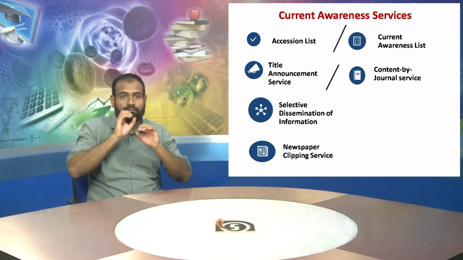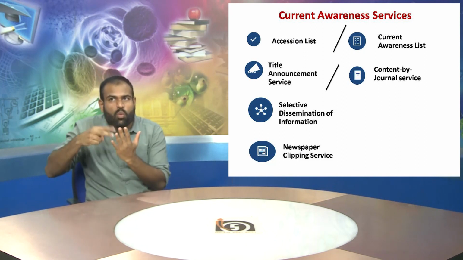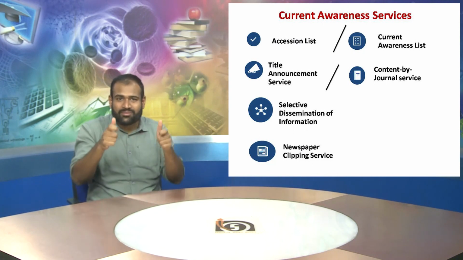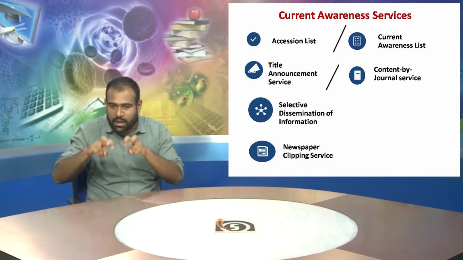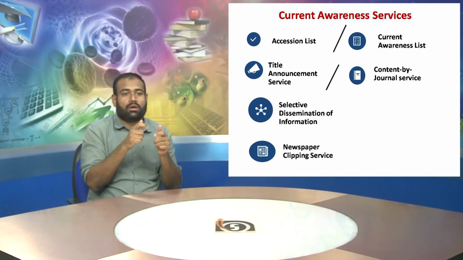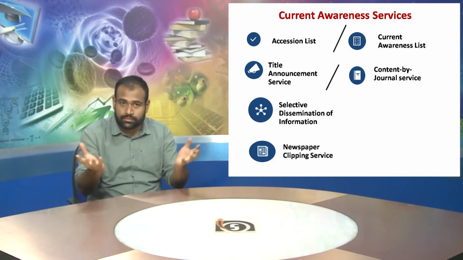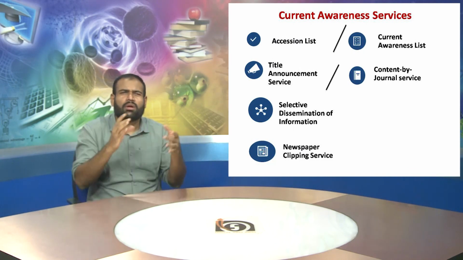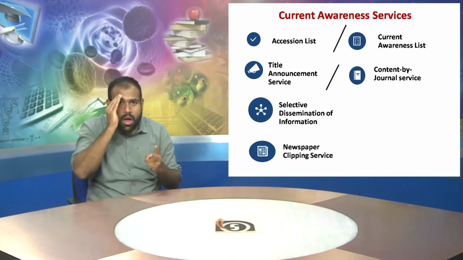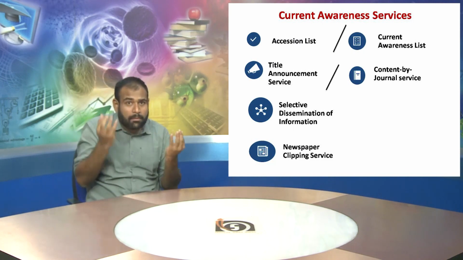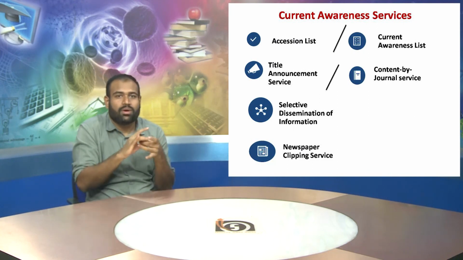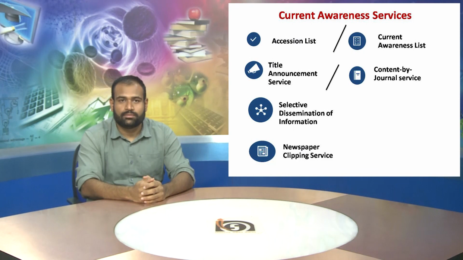Then there is another title announcement service, which is the content by journal service. And then also there is a selective dissemination of information and also the newspaper clipping service. These are all the current awareness services. They give us information about the current incidences and issues happening in the local area.